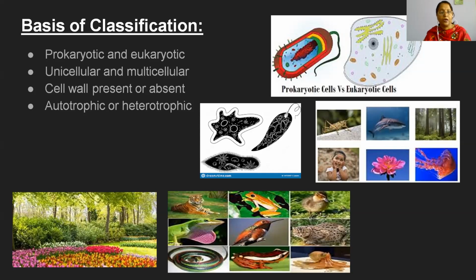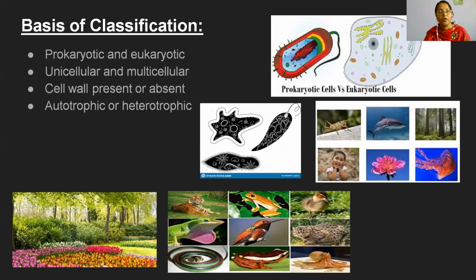And in eukaryotes, they are well-defined. That means their nucleus is well-defined, surrounded by the nuclear membrane, and they also have membrane-bound cell organelles like mitochondria, endoplasmic reticulum, Golgi complex, plastids, etc.